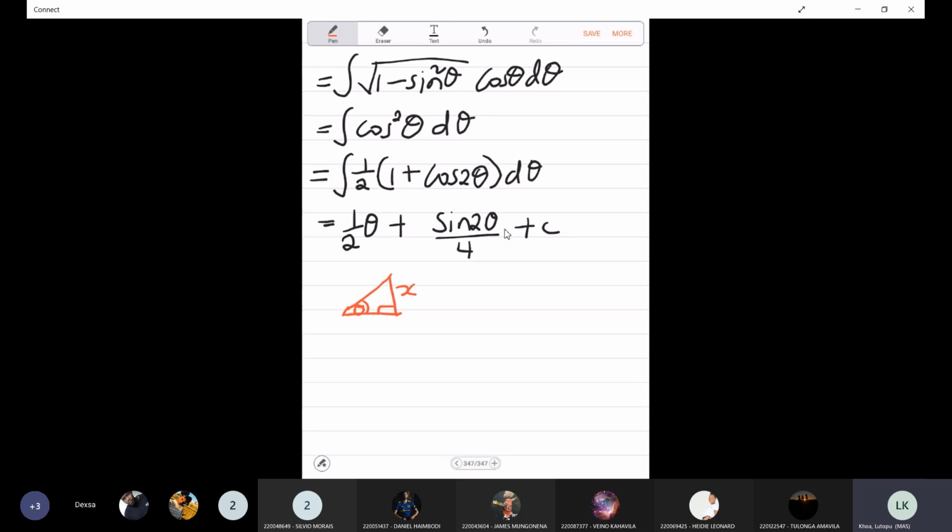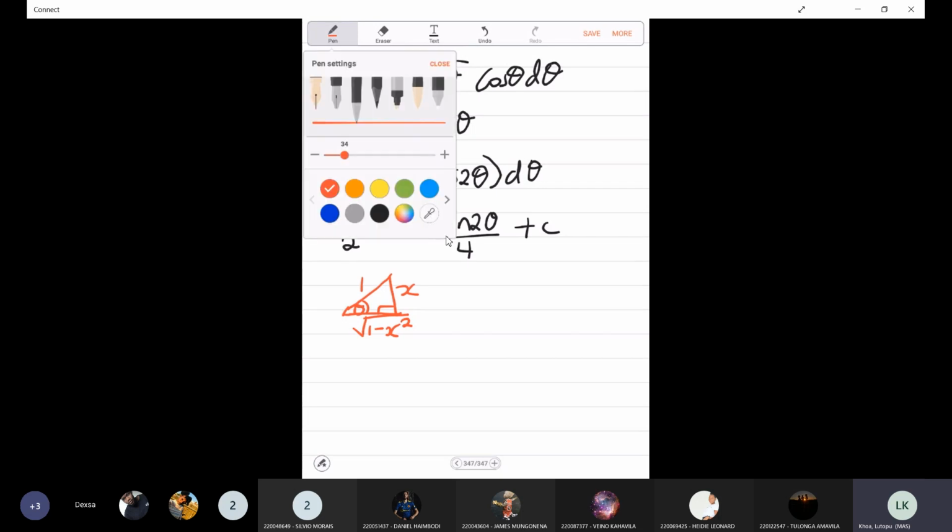So the opposite is x, the hypotenuse is 1, and this is the square root of 1 minus x squared. Then we know that sine 2 theta is 2 sine theta cos theta. So this is just sine theta cos theta divided by 2, because the 2 here will cancel with that 4 over there.